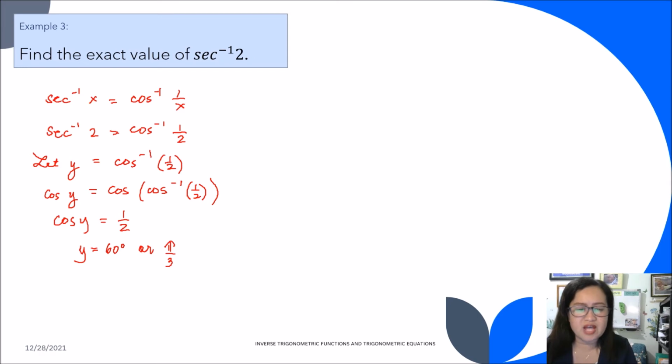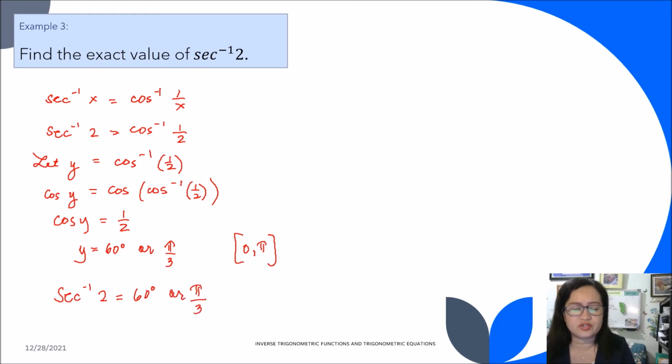Remember that the domain of cosine is the closed interval 0 to pi, and pi over 3 is within the given interval. Hence, arcsecant of 2 is 60 degrees, or pi over 3.